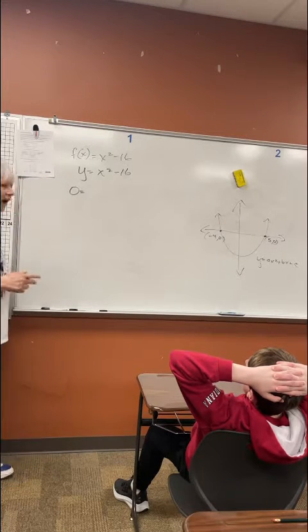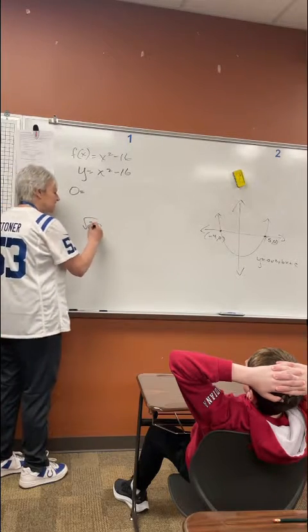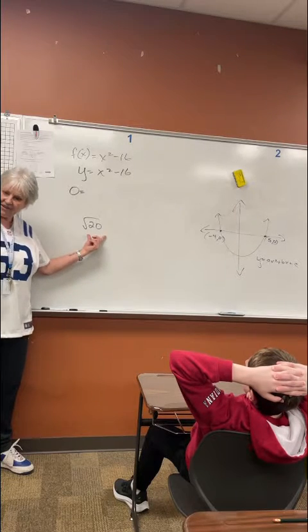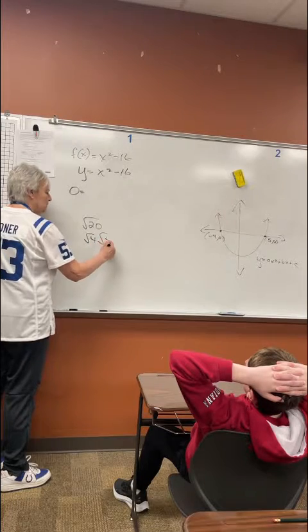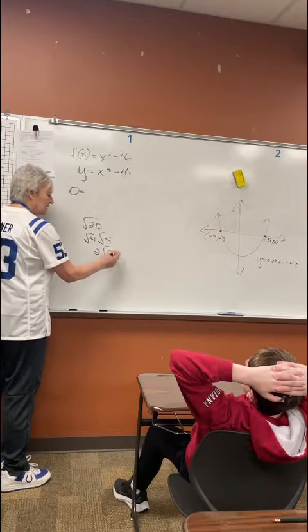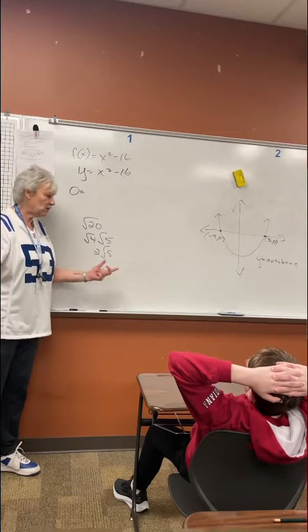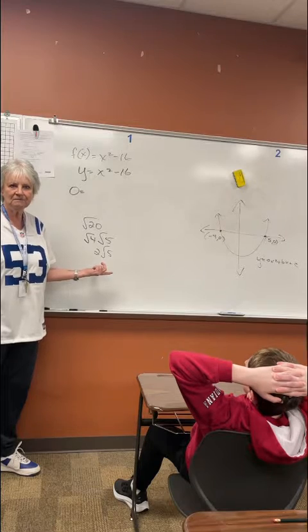I also found out that you do not know how to simplify this. This is an 8th grade standard. You didn't break it up into the square root of 4 times the square root of 5. You never did this? We have to have a lesson on this before we can do the quadratic formula.